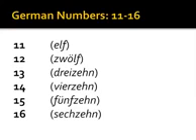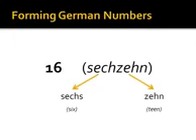Up to this point, everything has been essentially the same. We have numbers 1 through 10, which are formed essentially the same way as they are in English. Even the teens are formed the same way. So let's take a look at number 16, for instance. Take that word apart.